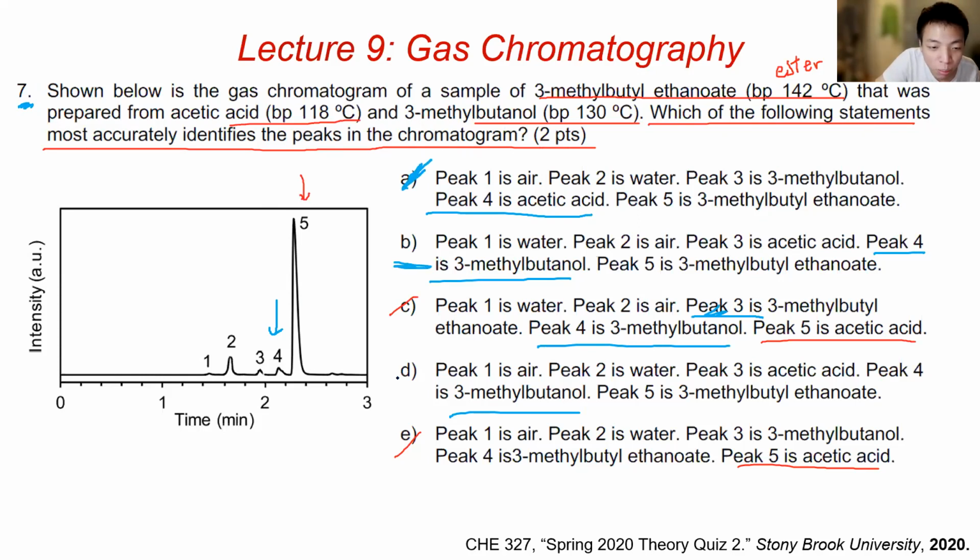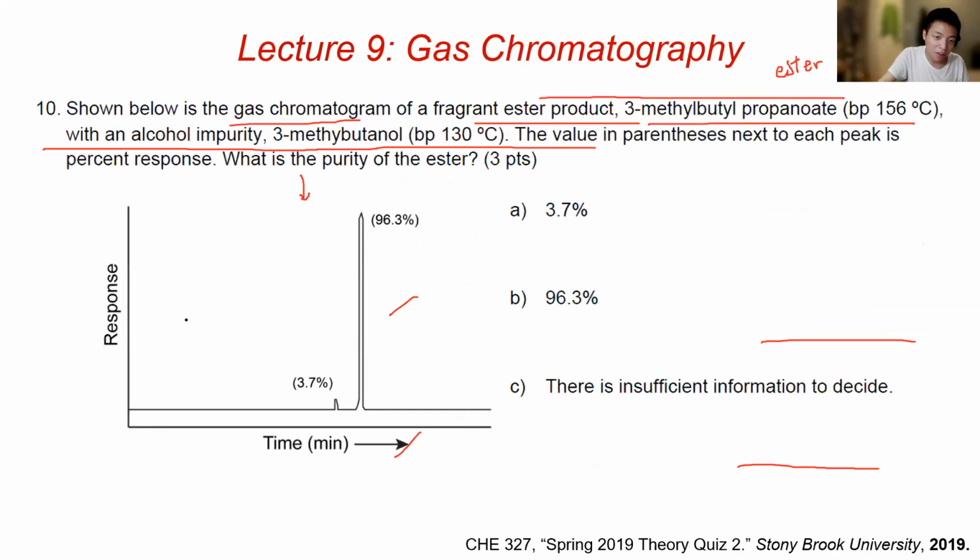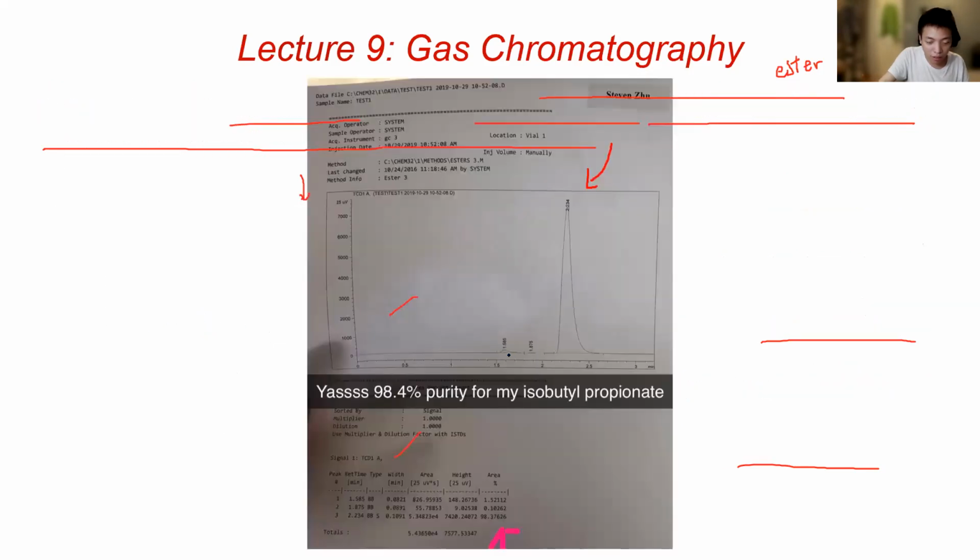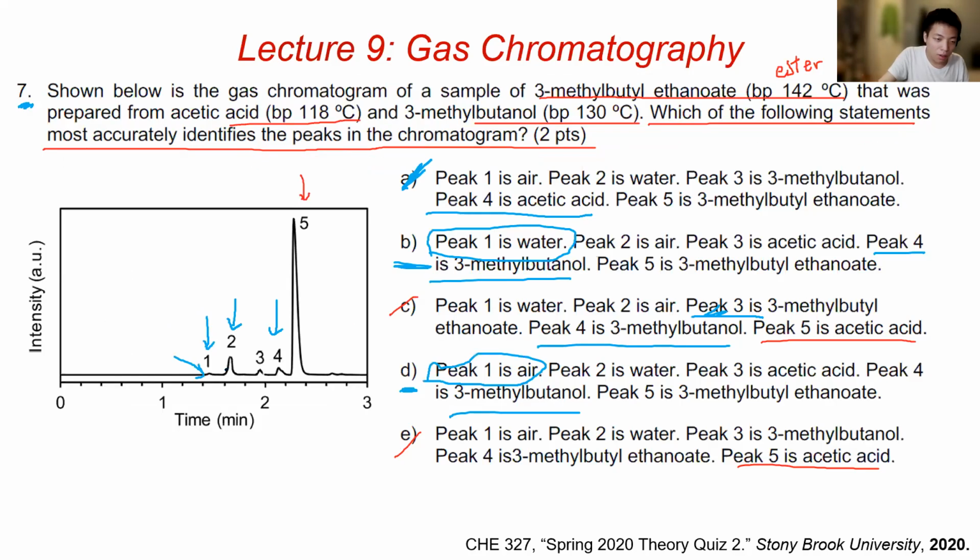And now we are left with only B and D. The only difference is either peak 1 is water or peak 1 is air. The air contamination peak is very, very small, just like the one I have right here. So the air peak will not be this high. That's why the answer should be D.